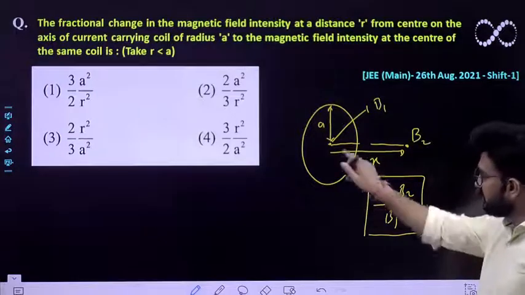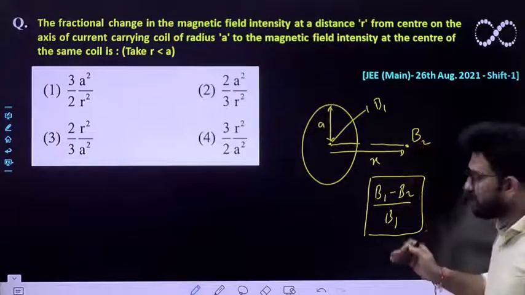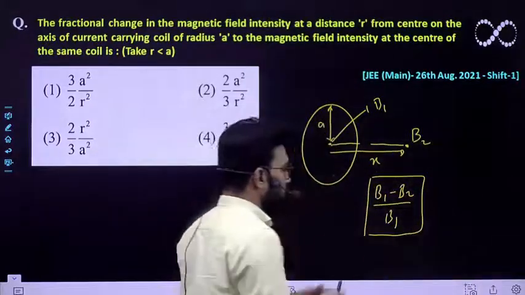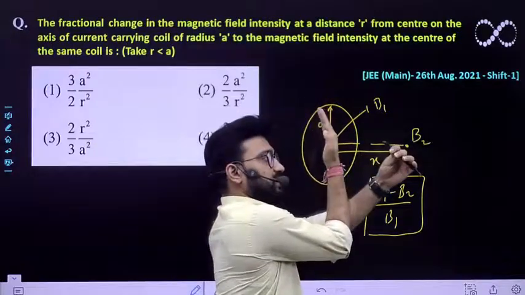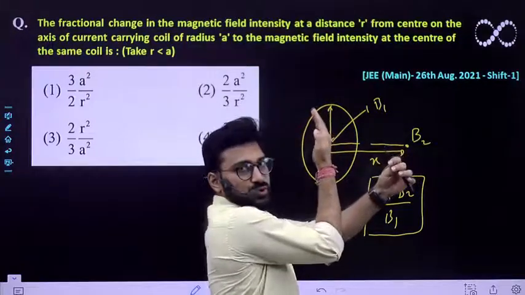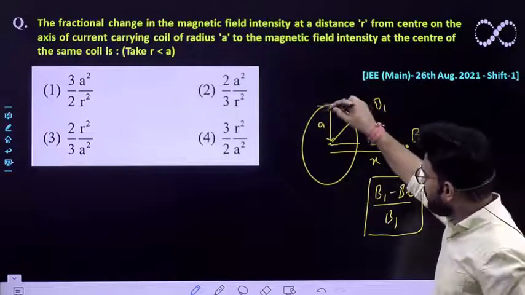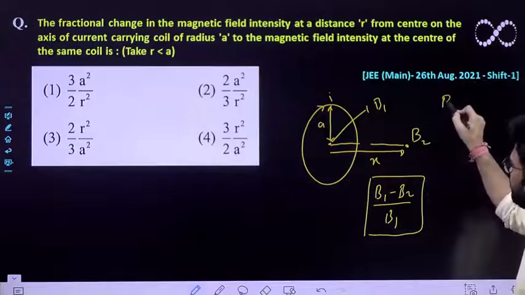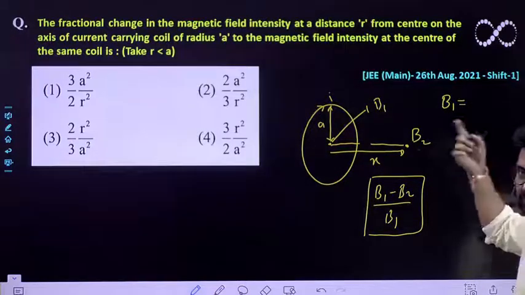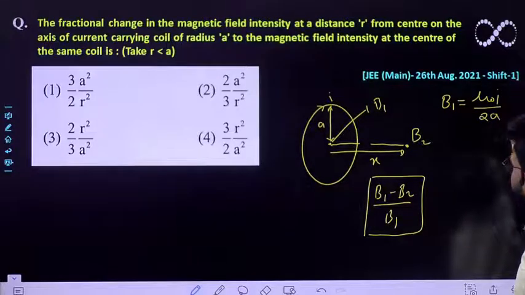Because here the magnetic field is more at the center, at a certain distance along the axis the magnetic field is less. So this is a circular coil in this plane, and the magnetic field you have to find out at this particular point is B2. We already know that if I is the current flowing through this circular loop, the magnetic field B1 at its center is given by the relationship mu naught I by 2a.